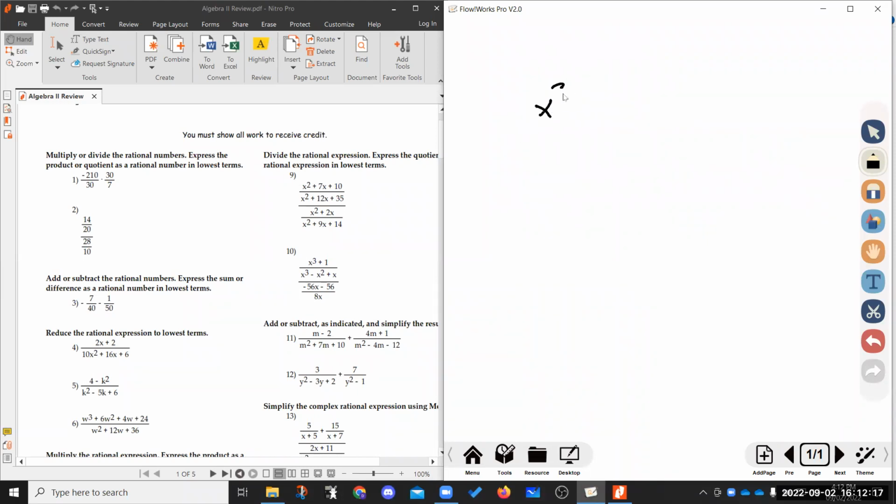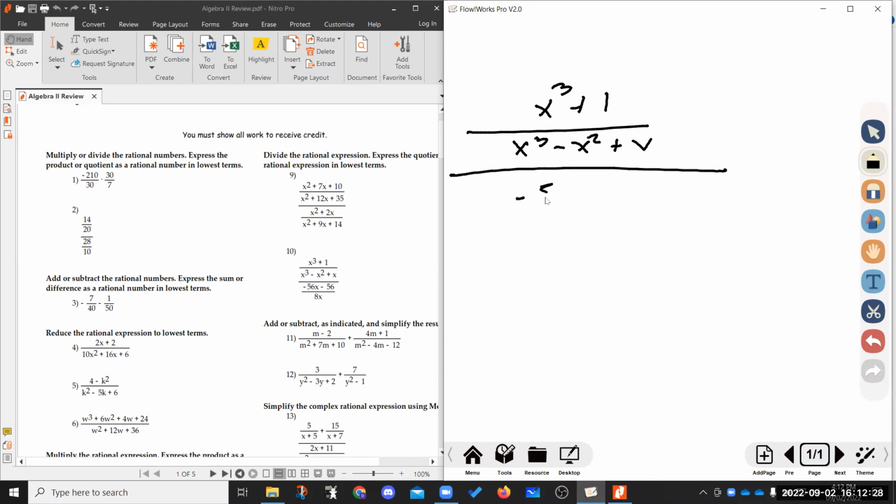Number 10, we have x cubed plus 1 over x cubed minus x squared plus x, divided by negative 56x minus 56 over 8x.